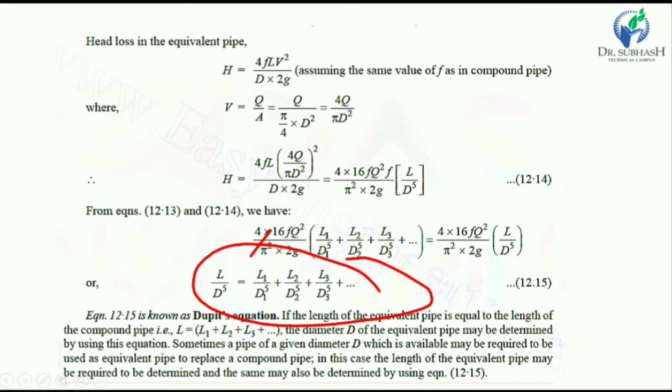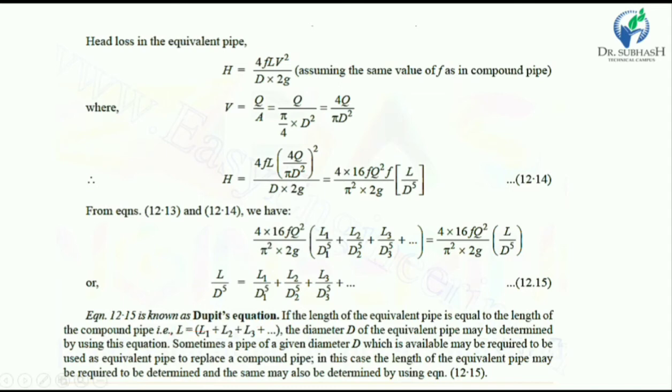L upon d⁵ is equal to L1 upon d1⁵ plus L2 upon d2⁵ plus L3 upon d3⁵. This equation is defined as Dupuit's equation.